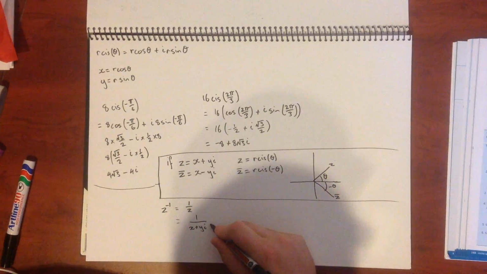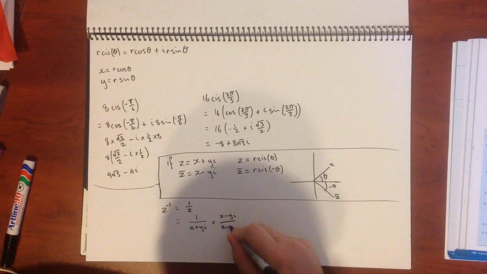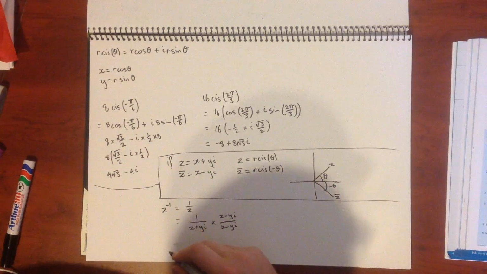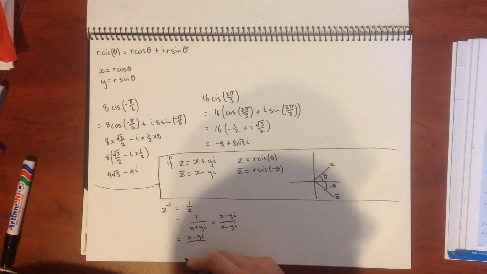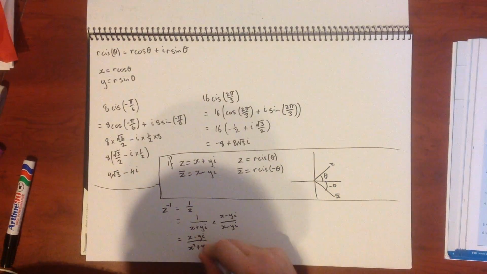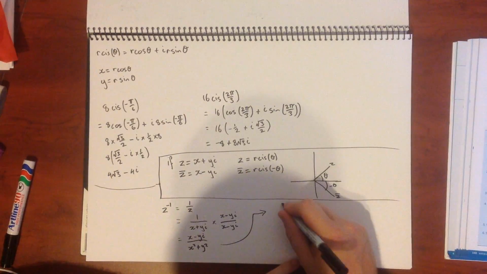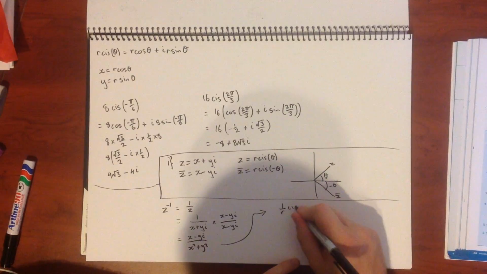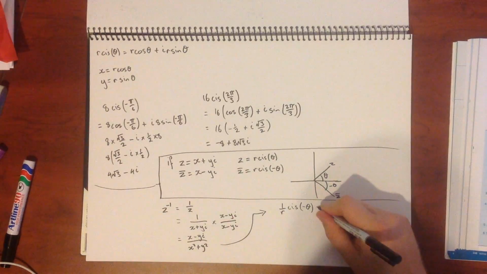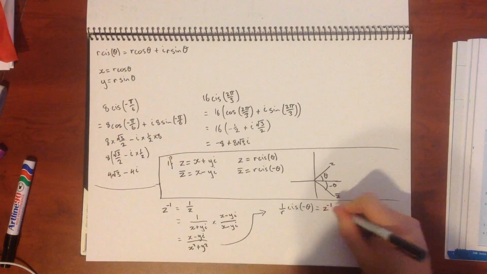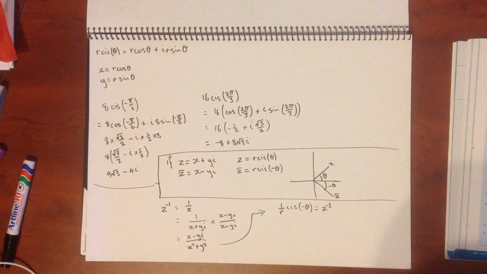If we multiply that by x take yi over x take yi, like we've done earlier, then we get x take yi over x squared plus y squared, which basically equals 1 over r cis of negative theta. So that is what z to the power of negative 1 equals.